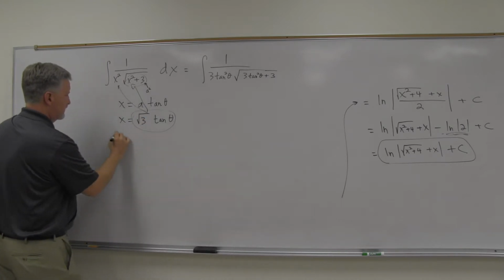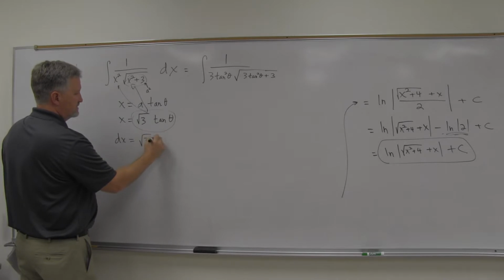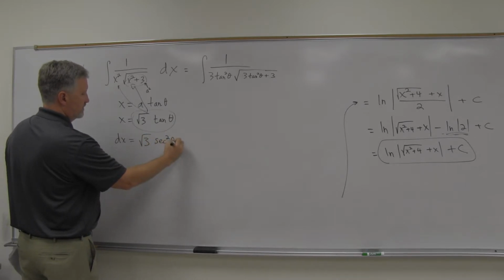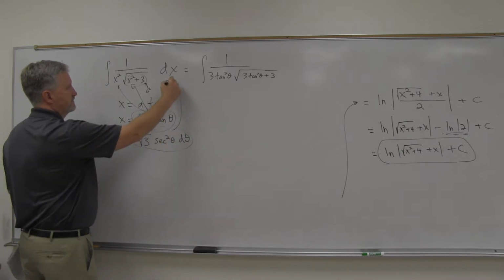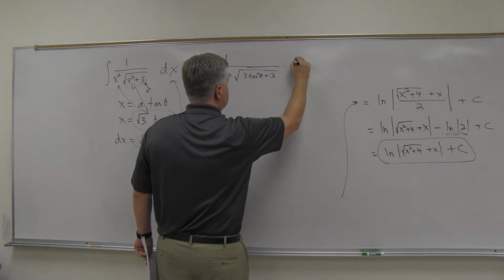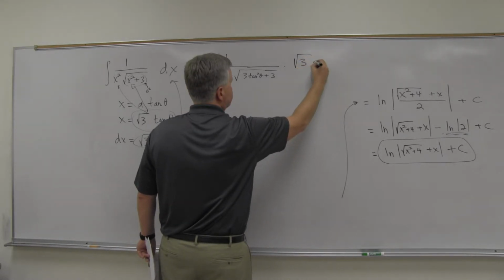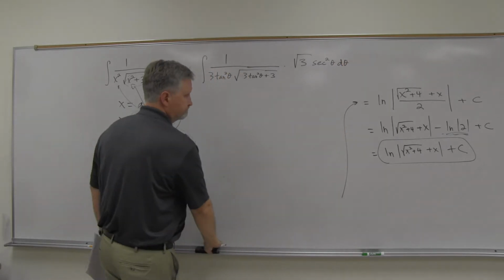Oh, and forgot my dx. dx would be the square root of 3, and the derivative of tangent is secant squared, so secant squared theta d theta goes in for dx. Okay?